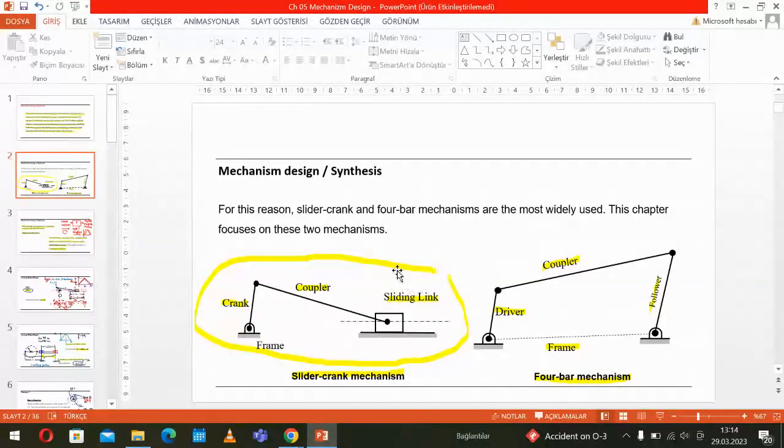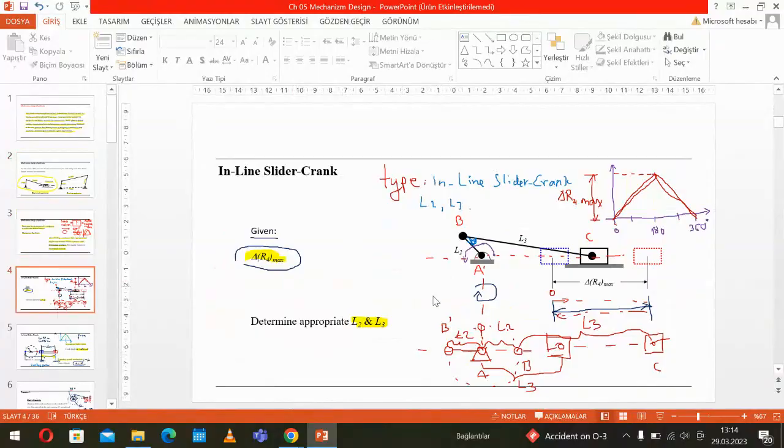We already started with the slider crank mechanism, inline and offline.